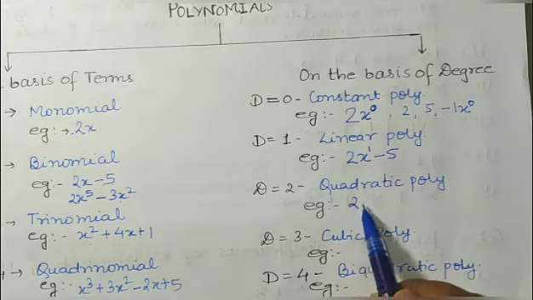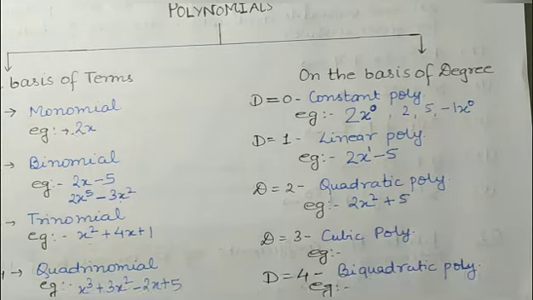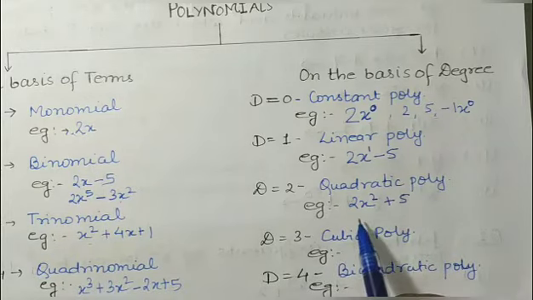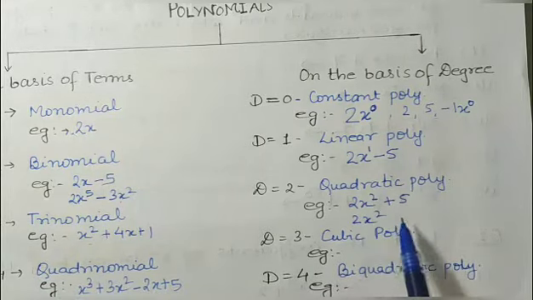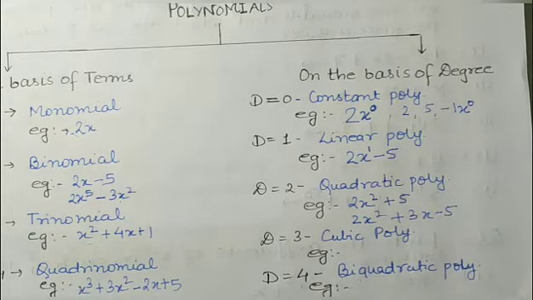quadratic polynomial, like 2x square plus 5. It will be an example of quadratic polynomial. Or you can give 2x square plus 3x minus 5. This can also be an example of quadratic polynomial.